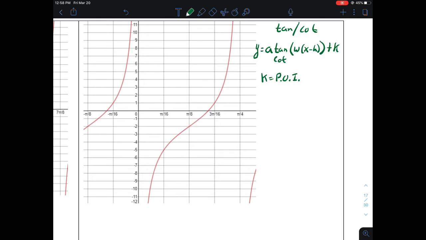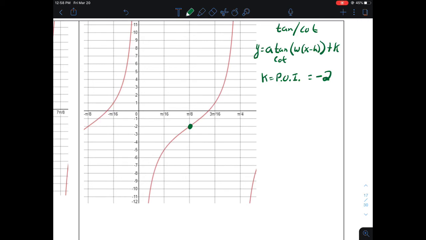And the one that I see is right here at pi over 8 because we're going from being curved down to curved upward, which by definition is a point of inflection. So I'm using that value of -2 as my k. So I know what k is.